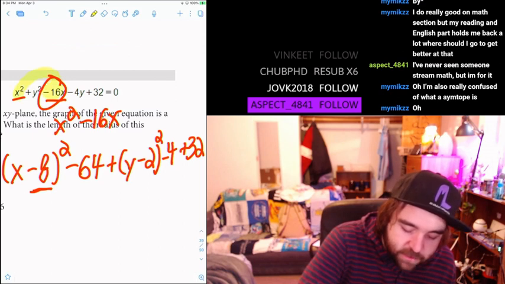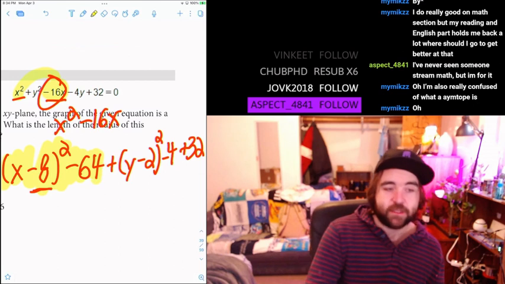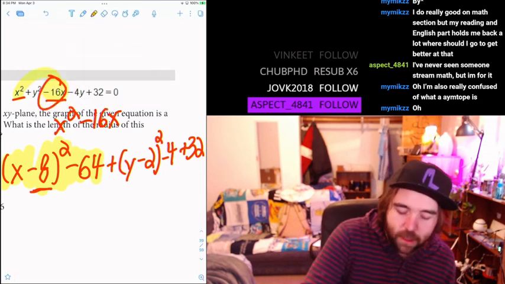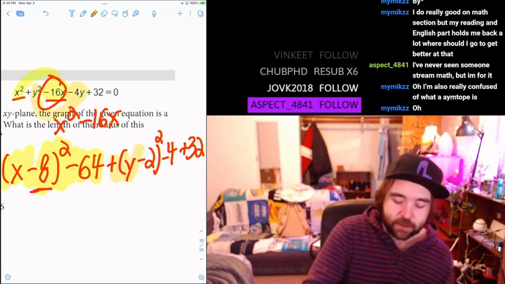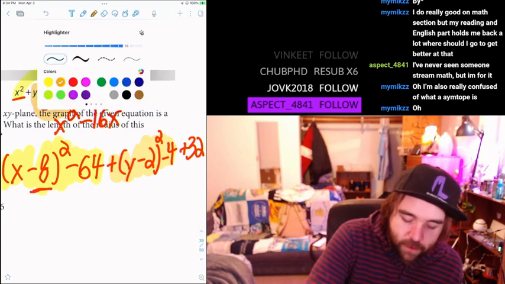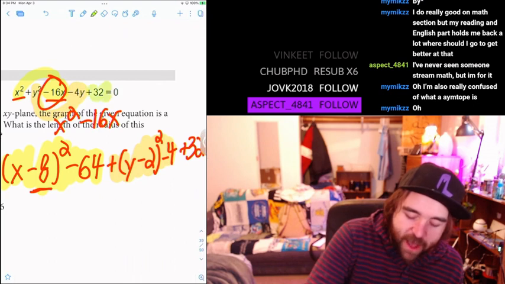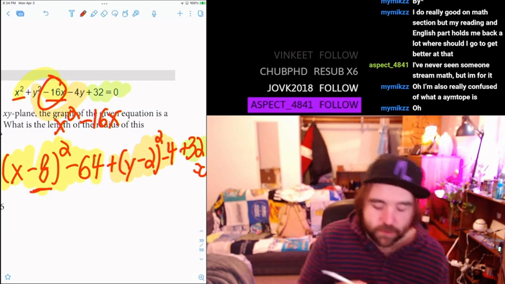The yellow is equal to this yellow. Can you see that? Beautifully. The yellow is equal to that yellow. This orange is equal to this orange. And then we still have this little part right here, especially when I squeeze in the equals 0.